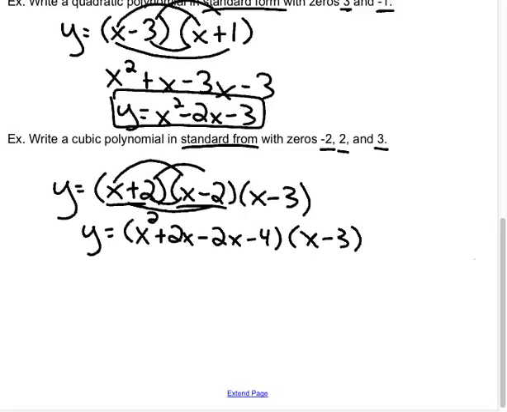I haven't done anything yet with that other one. That one I'm going to leave alone for now. But notice the reason I combined those other two first is the cool thing that happens: that middle cancels out.